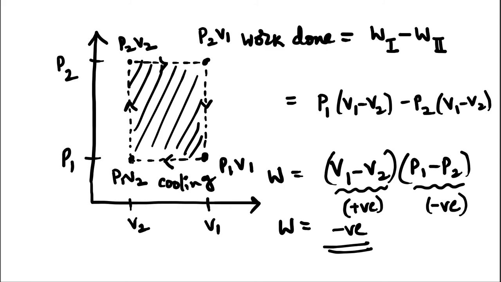Now here, pressure is increased from P1 to P2, but volume is kept constant. How does it happen? So pressure is increasing from P1 to P2, whereas volume is kept constant. Therefore it is a heating process.